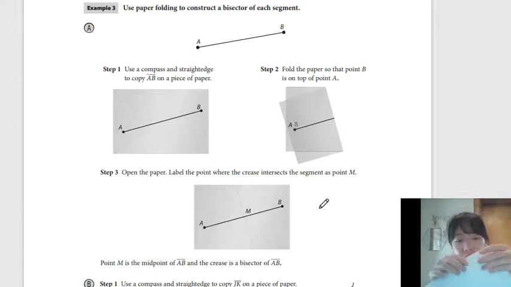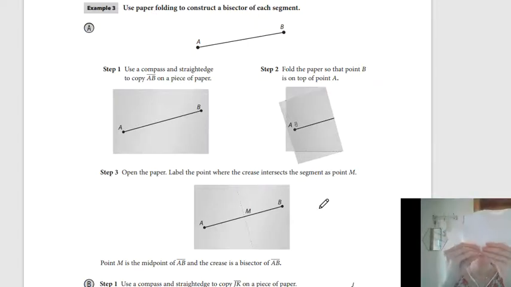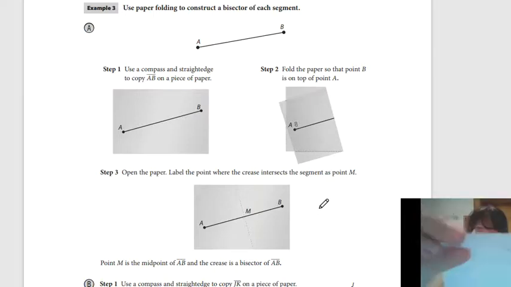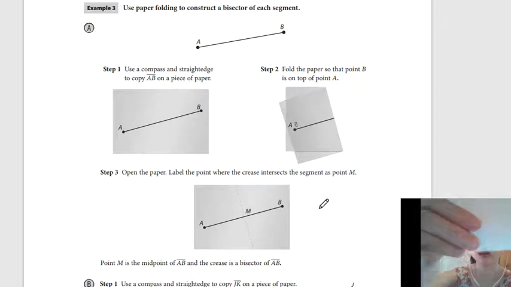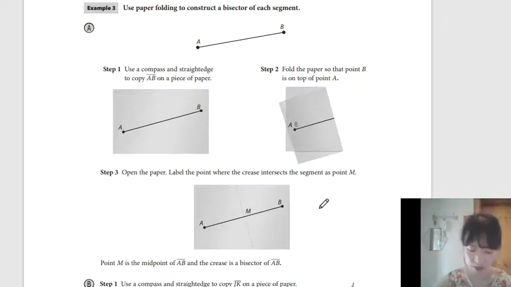So when you fold it, A and B have to be on top of each other. If you fold it so that your A is right on top of B, I think this is right. Okay, so I was pretty close.